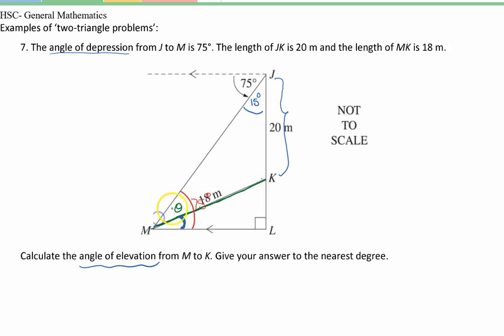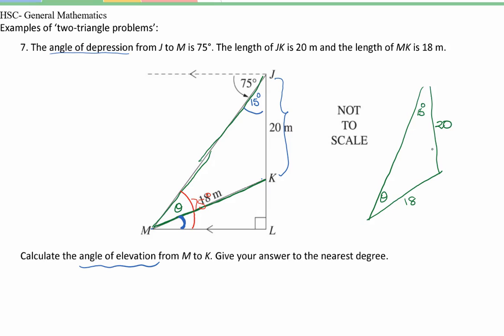It's a non-right angled triangle. And if you think about that green triangle that I've just drawn, J to M to K, we know that this side is 20, this side is 18, we've got theta here that we need, and we've got a 15 degrees up there.